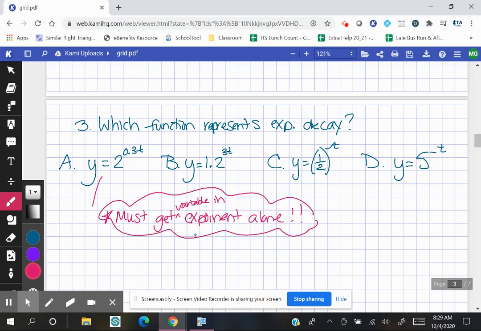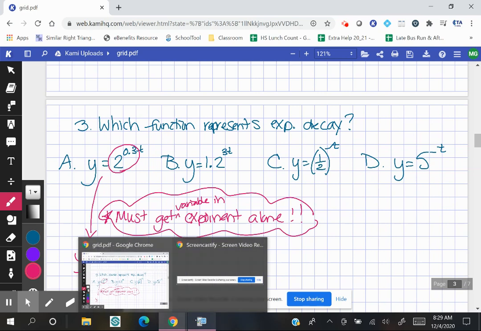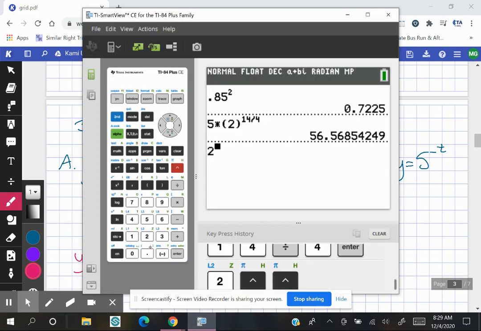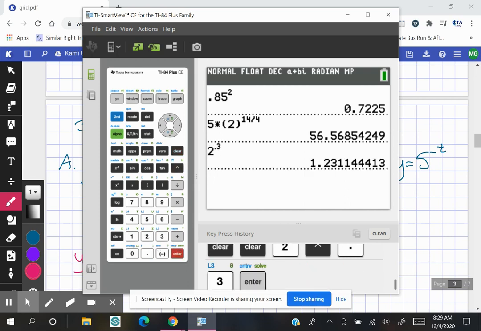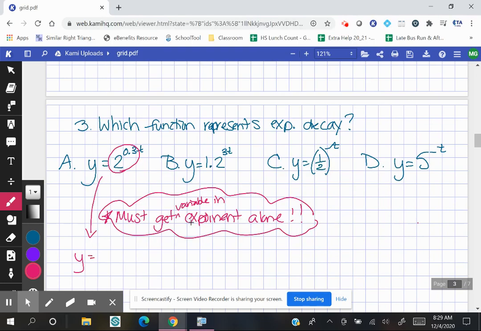So for letter A, I'm going to type in 2 raised to the 0.3. This is a really important concept that comes up a lot in this course, so it's really important that you're typing this in. 2 raised to the 0.3 gives me 1.2311. Now that would be raised to just the t power.